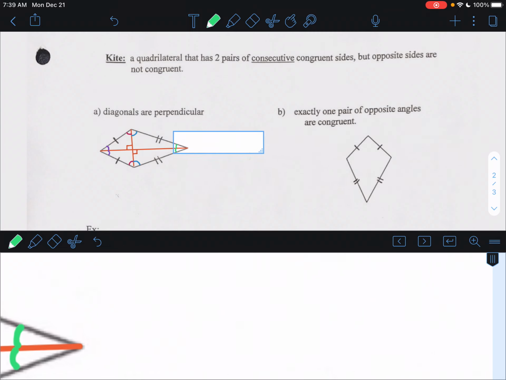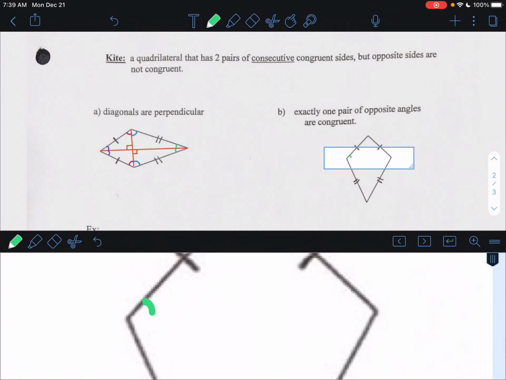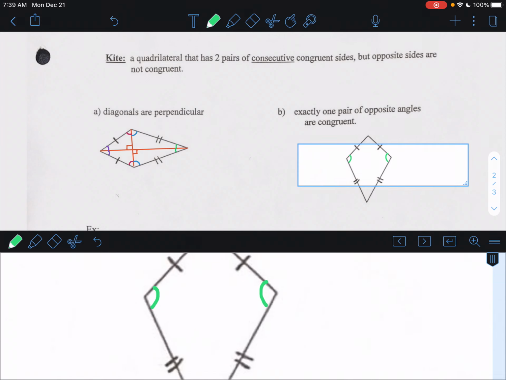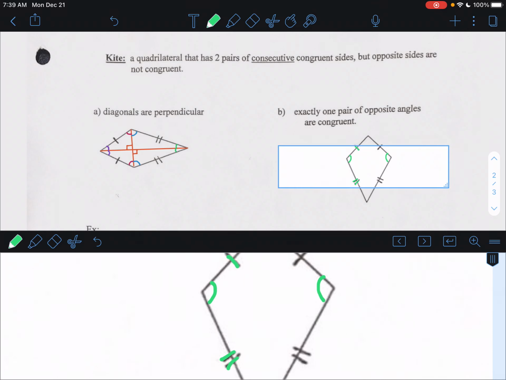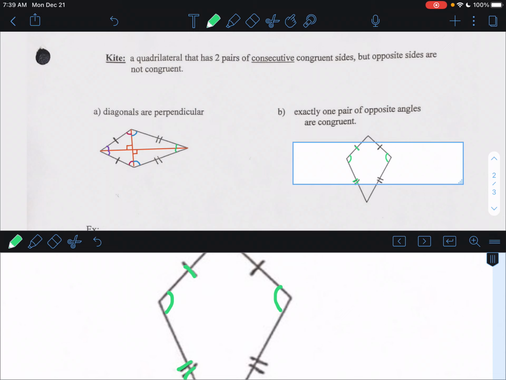It is going to be the two formed when the non-congruent sides meet. So I have this side meeting up with this side. Those are two non-congruent sides. And the angle between them is going to be congruent to the other angle where the two non-congruent sides meet up.